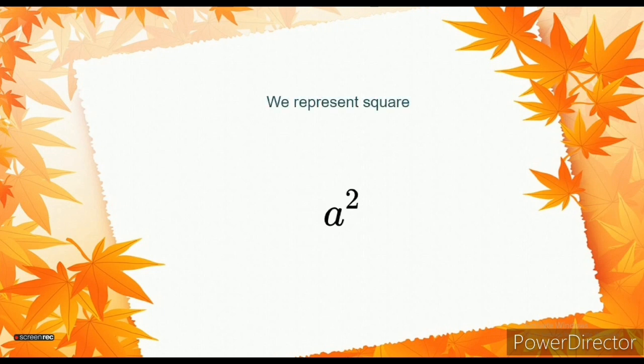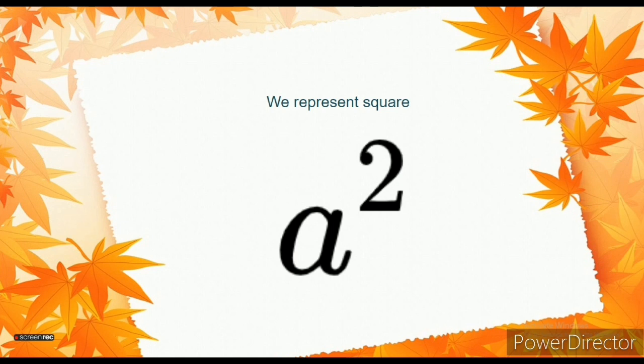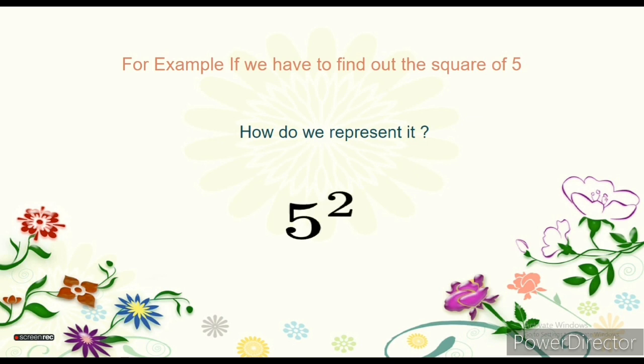We represent square by putting a small 2 on the right upper corner of any number, where a is any number to be squared. For example, if we have to find out the square of 5, how do we represent it?